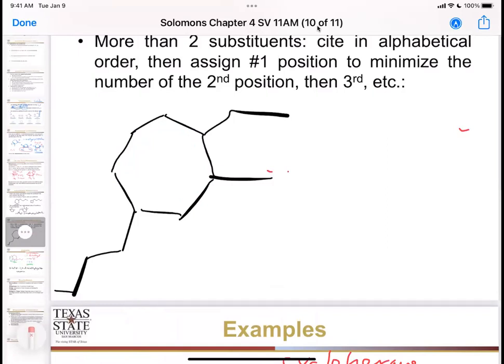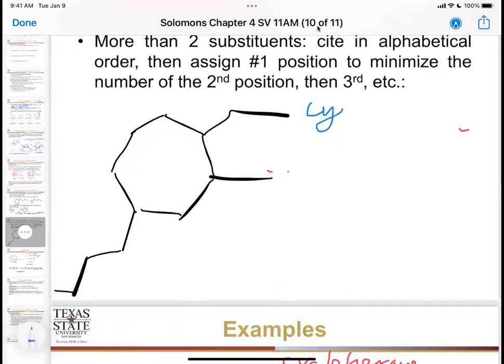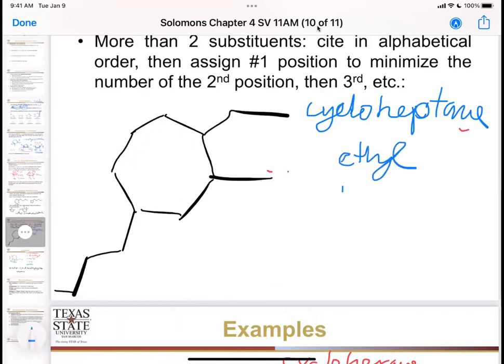So that's cyclo, the new word, cycloheptane. Right there, and we have an ethyl substituent, a methyl substituent, and a butyl substituent.